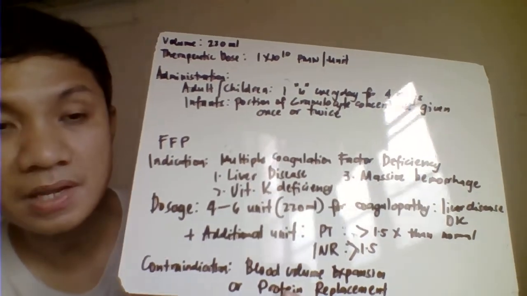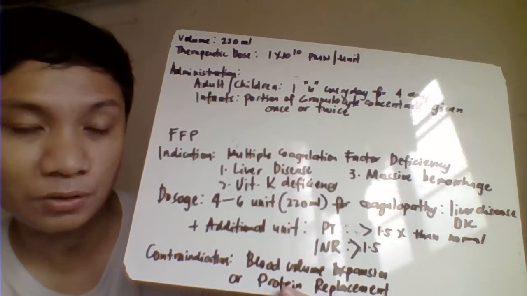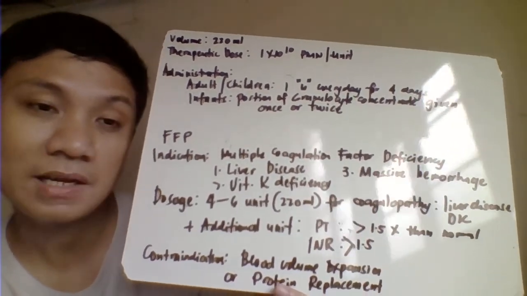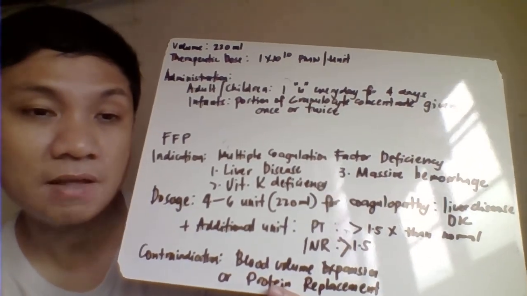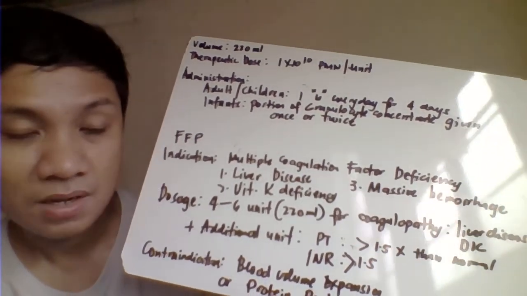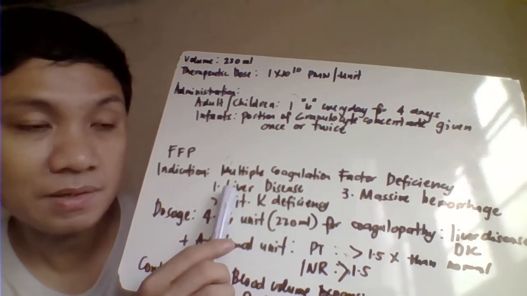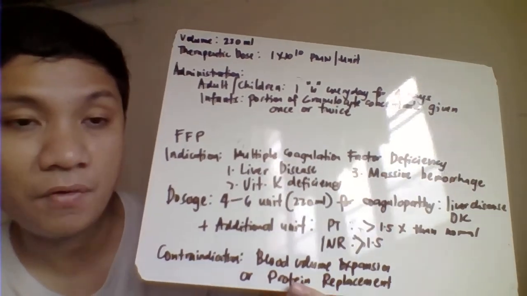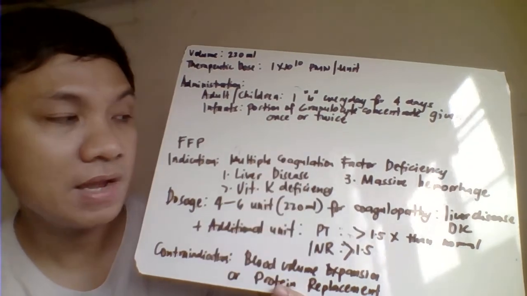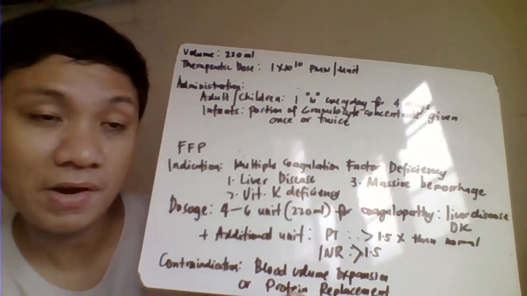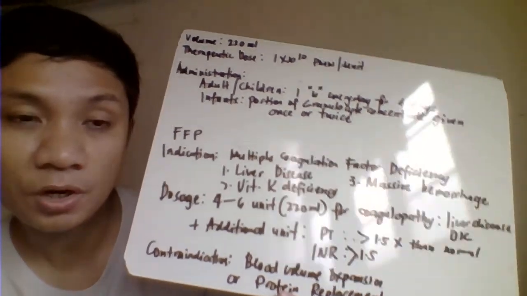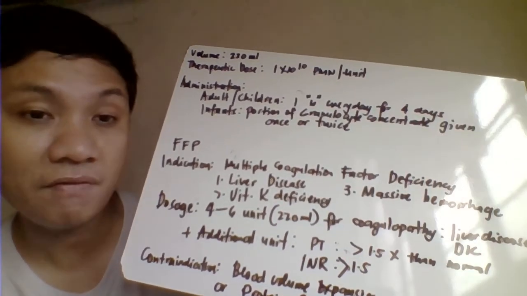The fresh frozen plasma here contains all coagulation factors. That's 400 milligrams of fibrinogen and 1 unit of all your stable clotting factors. And therefore, we use the fresh frozen plasma for the following. Number 1, for patients having multiple coagulation factor deficiency. Because again, your fresh frozen plasma, or normal plasma, contains all the coagulation factors.